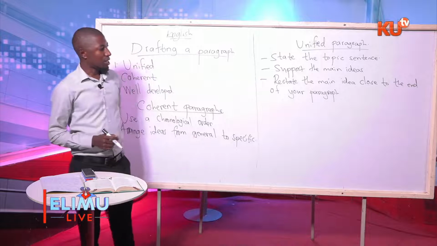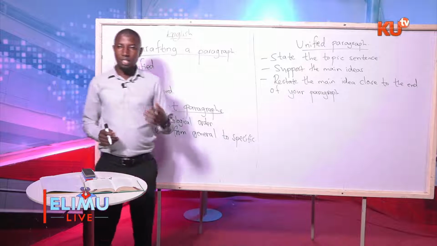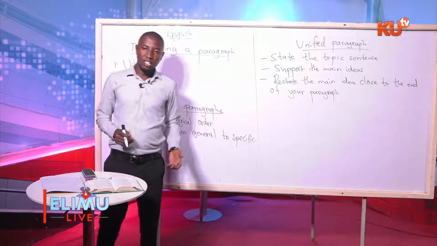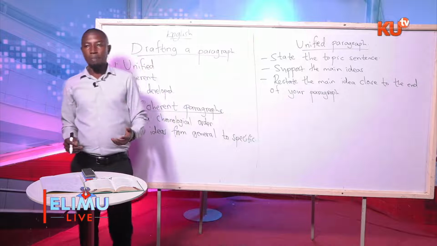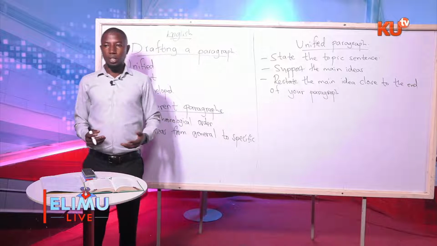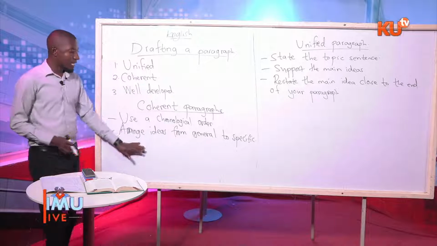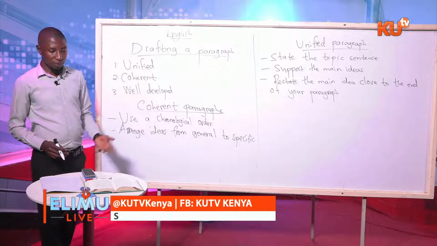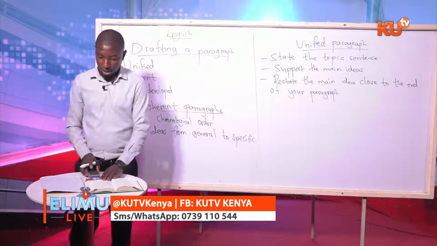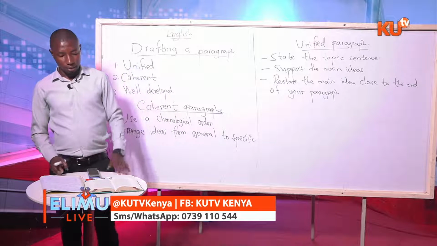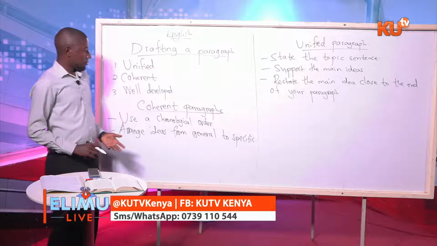But then she disappoints. In this specific paragraph, she starts by stating that she disappointed her mother, and that was not the only disappointment. That is a general statement. Then she moves to the specific details to say how she disappointed her mother.